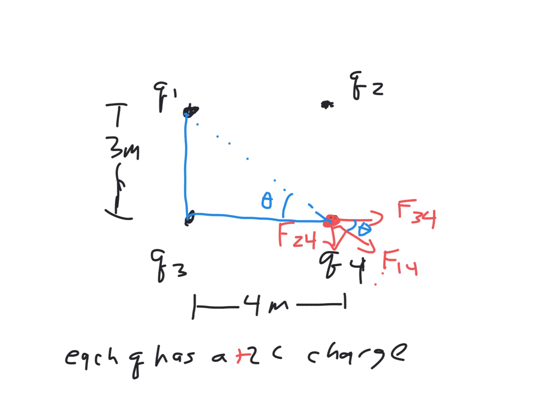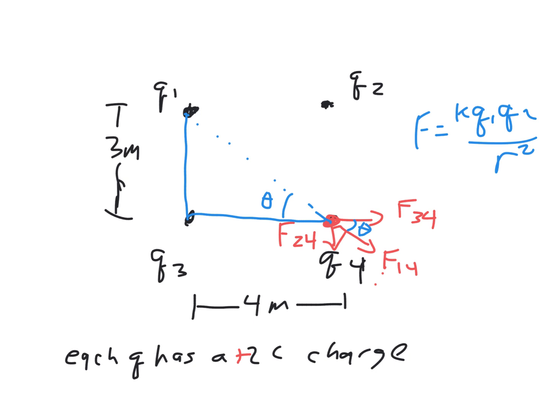What am I going to do with them? I've found their directions. A vector has a direction and a magnitude. So I'm going to find the magnitude using Coulomb's law. F is equal to K Q1 Q2 over R squared. It's that simple. K Q1 Q2 over R squared.